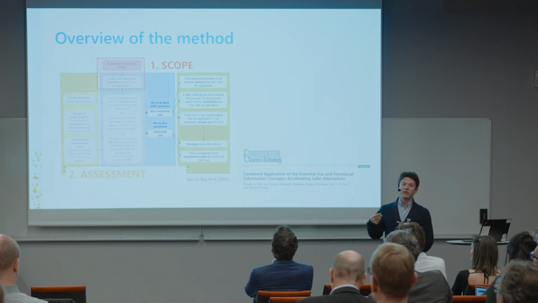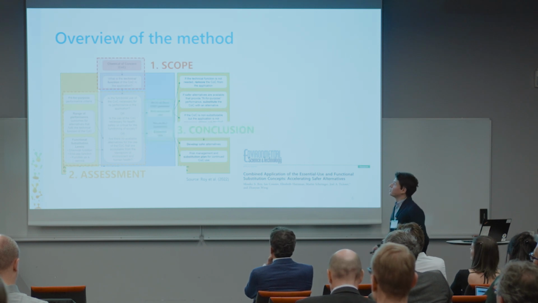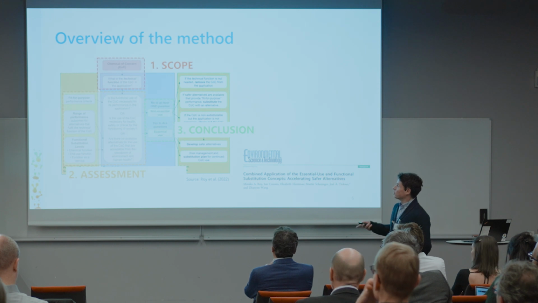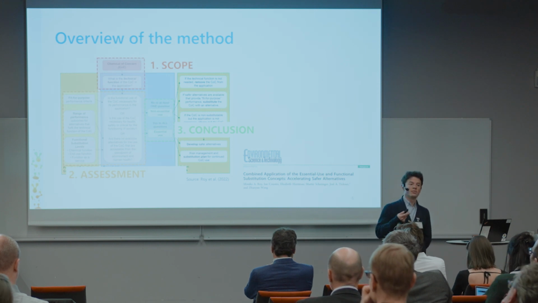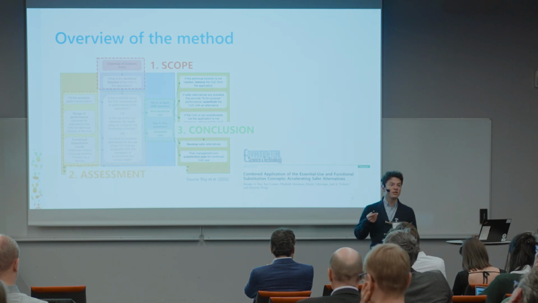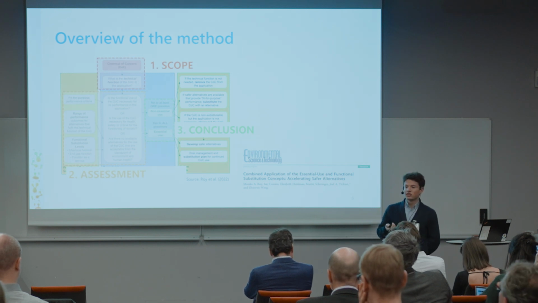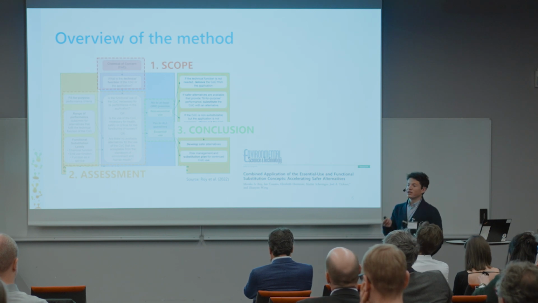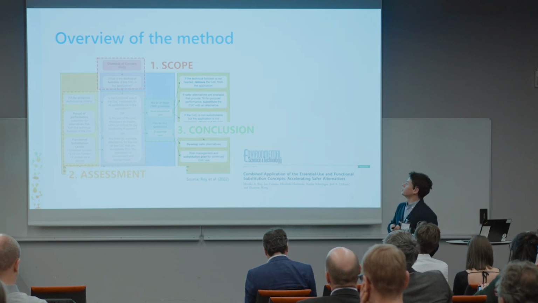And are there no available alternatives that would be safer for human health and the environment? If the answer to these three questions is yes, then the use can be considered essential. If the answer to one of those questions is no, then the use is non-essential and the substance can just be phased out of the products.